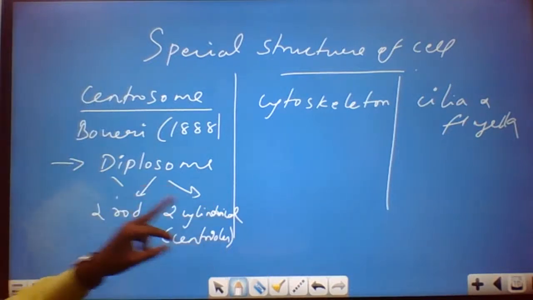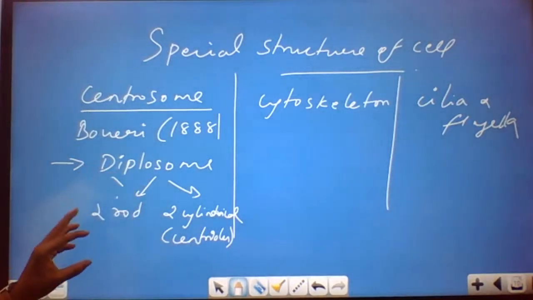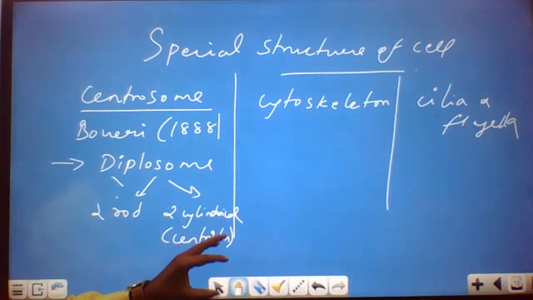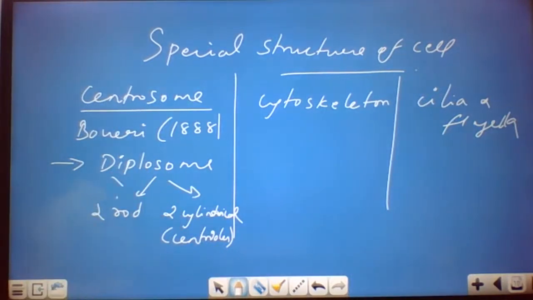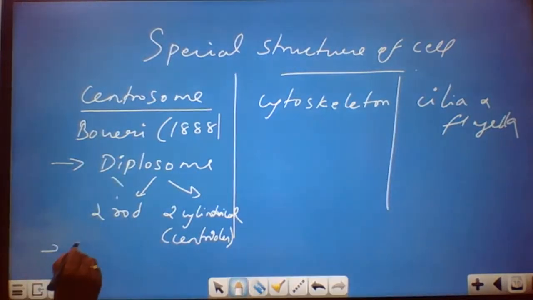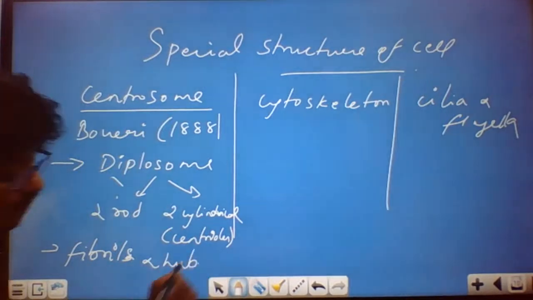These diplosomes have two rods and two cylindrical parts. One acts like the peripheral part, another acts like the central part. Together, this consists of fibrils and hub region.